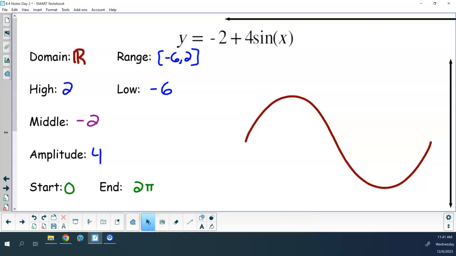Vertically, I started at 0. So that one would go there.